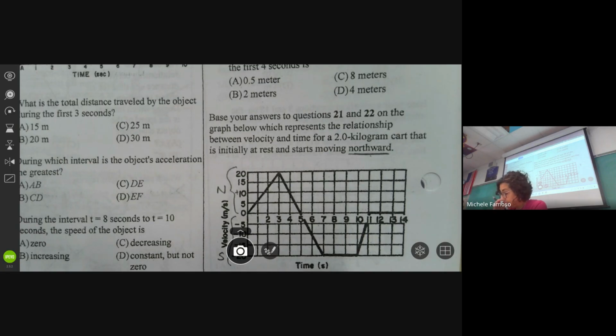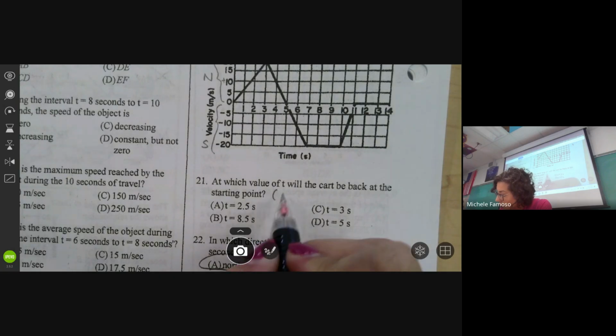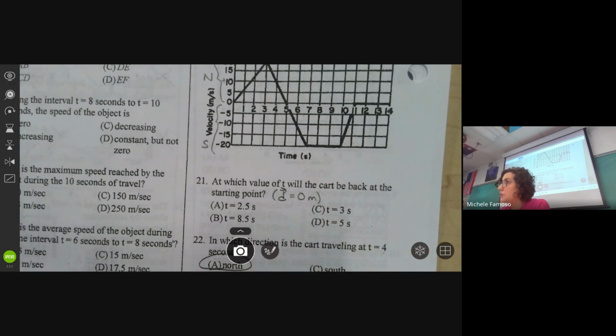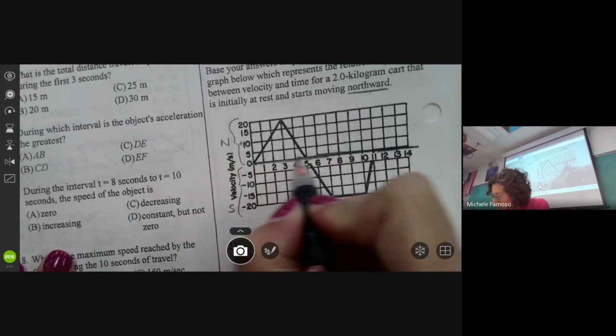Colin? Sure. 21 asks us at which value of time t are we back at our starting point? When you're back at your starting point, that means your displacement is equal to 0 meters. Displacement is area on these graphs. The horizontal axis is here.